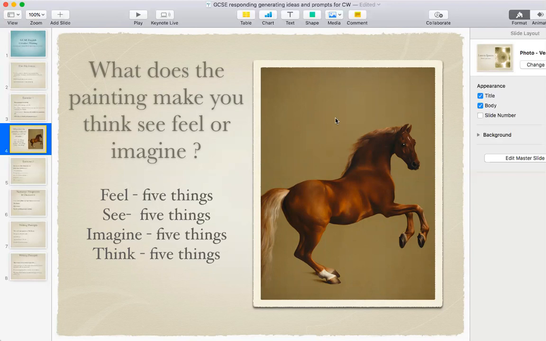I'm going to do an after video where you can think about the things that you came up with. And then when you've come up with what you think the painter is trying to show us, I then want you to think about what the painter is trying to make us feel, see, imagine, or think.